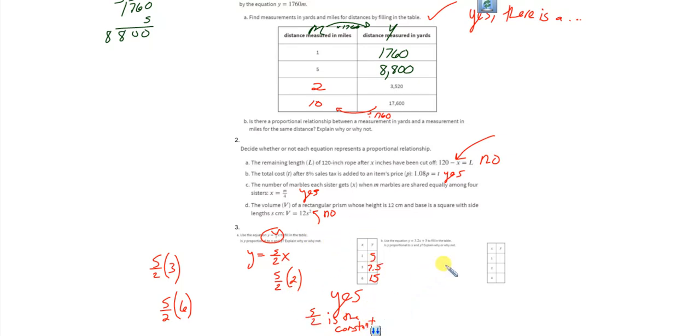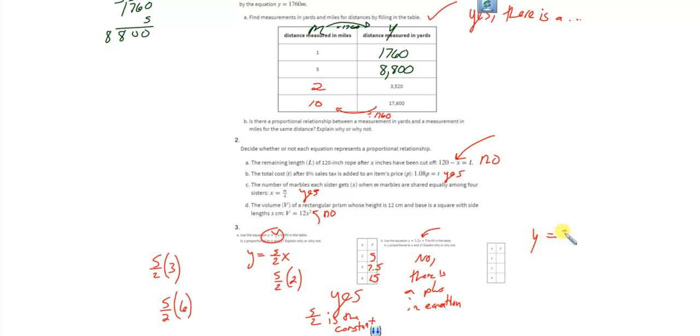This one over here has a plus sign in it, so we're going to go ahead and say no. There is a plus in the equation, so that's a problem. That's why it can't be proportional. But we still have to work it out and find out all of the y values, so let's do that real quick.